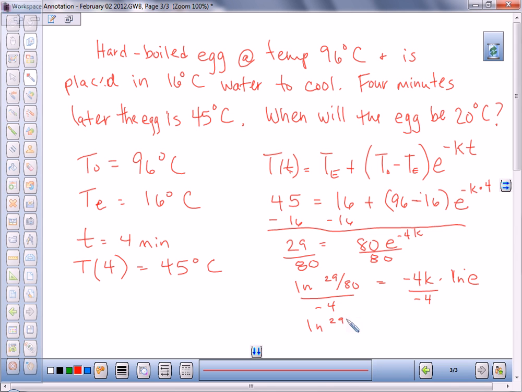Don't round. Gotta leave it just like this.